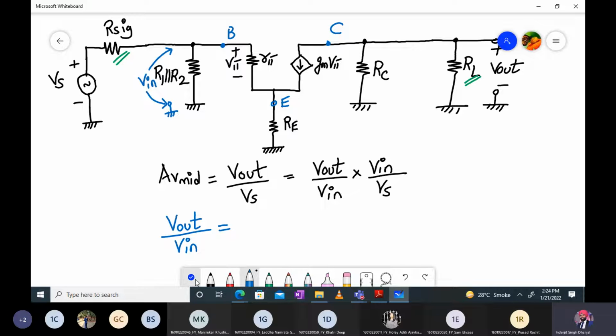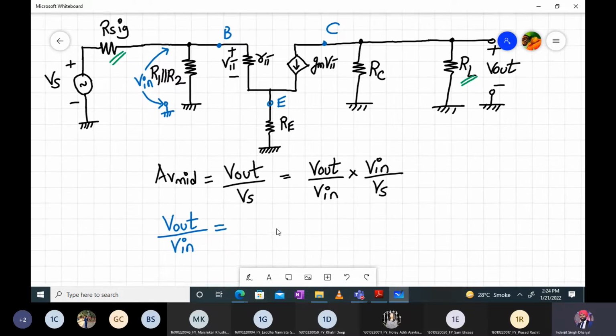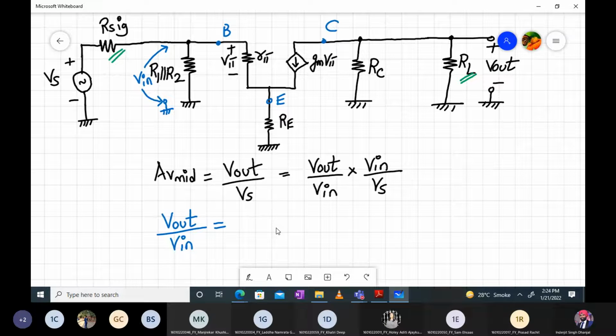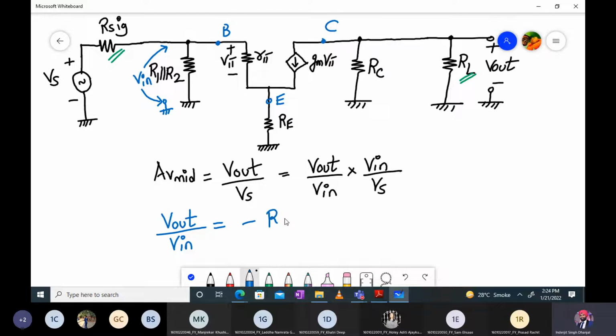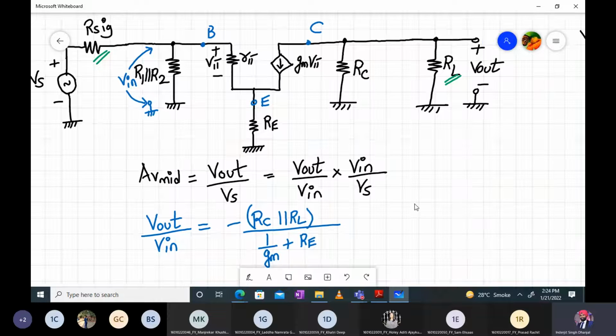It will be minus RC parallel to RL divided by 1 upon GM plus RE. Okay, so that's the formula. Minus RC parallel to RL divided by 1 upon GM plus RE. Correct.